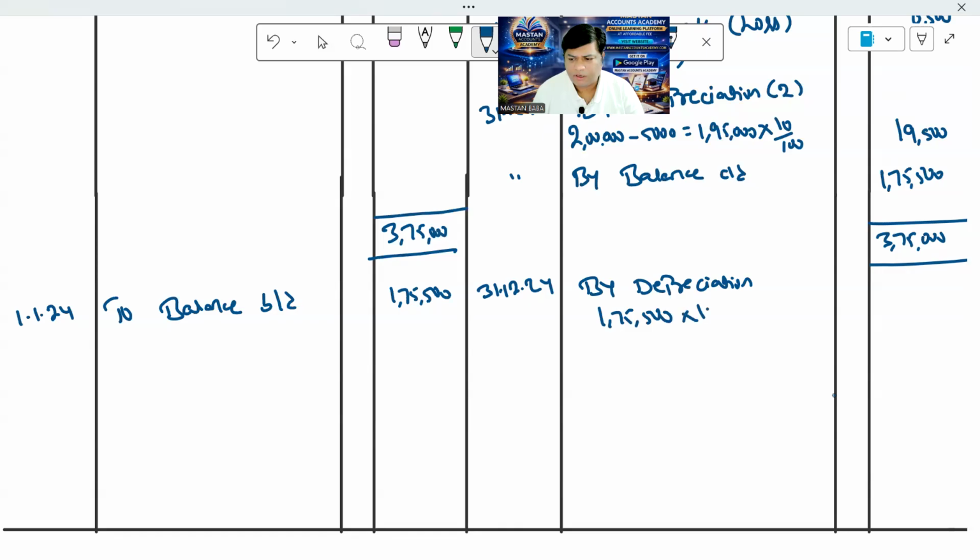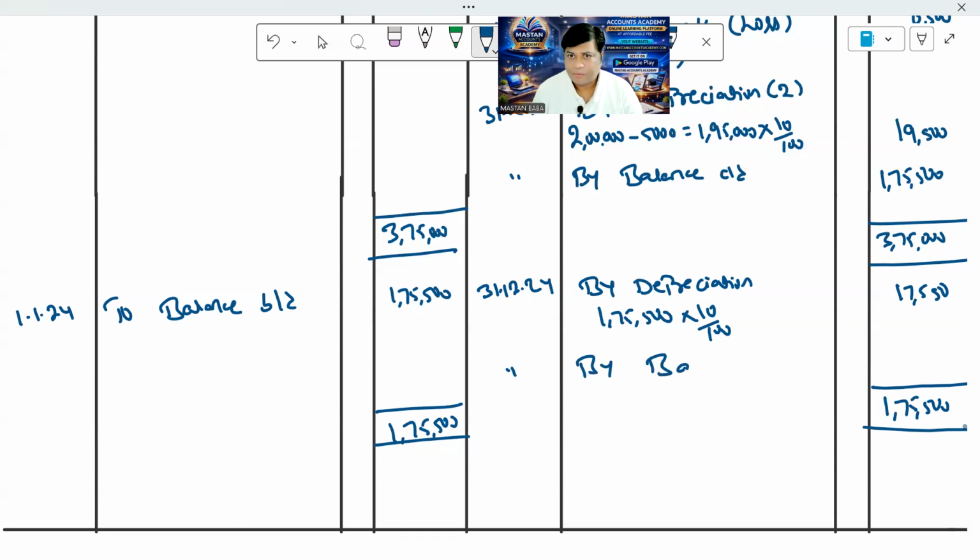1,75,500 into 10/100, how much will you get here? 17,550. And balance the asset account here: 1,75,500 minus 17,550, by balance carried down, it comes to 1,57,950.